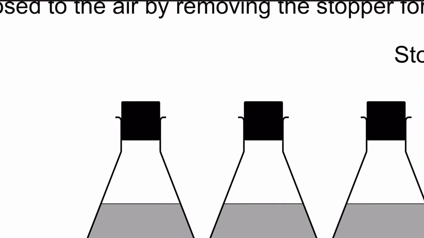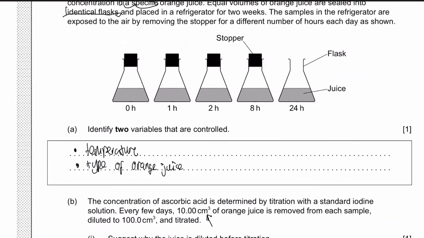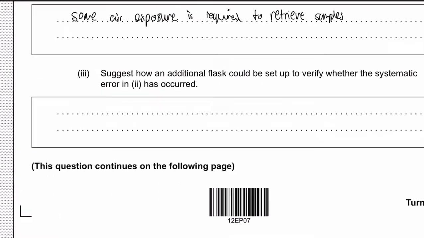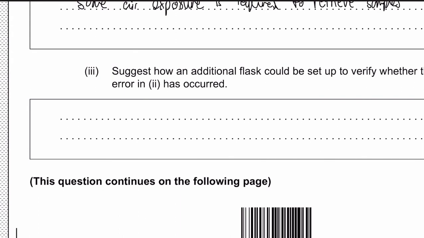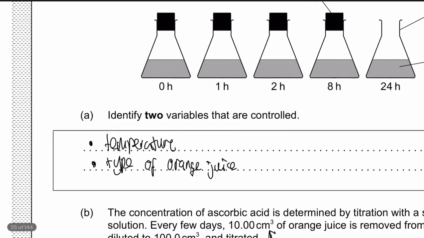There are stoppers that have a hole in them, allowing us to insert a syringe, and then we can essentially not open the flask, put a syringe inside, withdraw the sample, and do our experiment on that, which allows us to verify that it hasn't occurred. So I would say use a syringe without removing the stopper. What other solutions could there be?